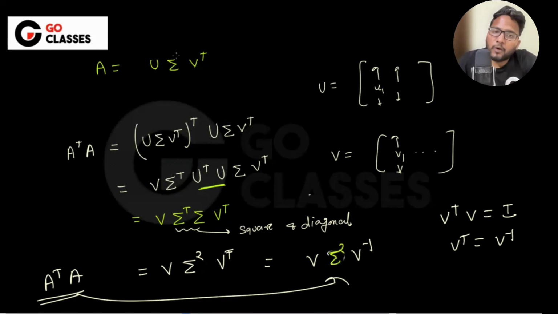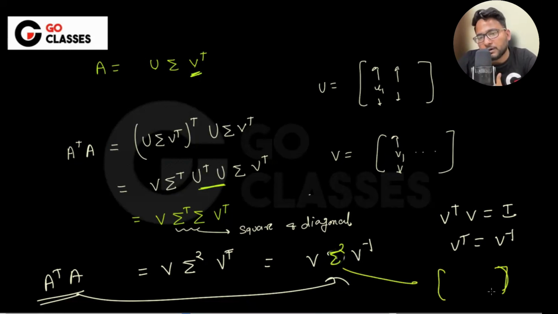Then ultimately we want to know U, we want to know sigma, we want to know this V. So how to get this V? This is nothing but eigenvectors of A transpose A. How to get this sigma? Here you will be getting all the eigenvalues.